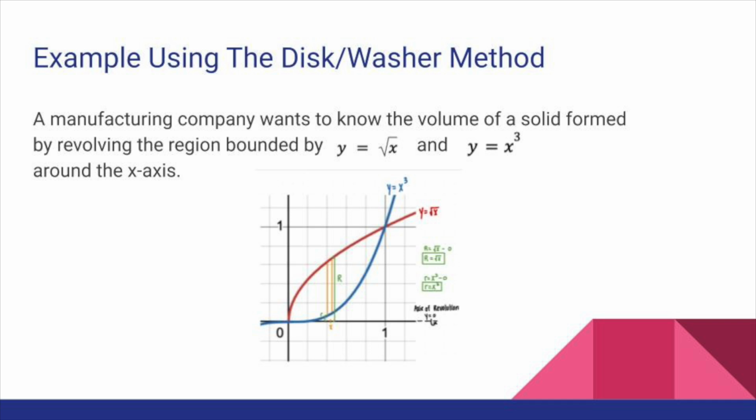Moving on, recall that lowercase r is the distance from the axis of revolution to the nearest point. So, lowercase r equals x to the power of 3 minus 0, or just x to the power of 3.